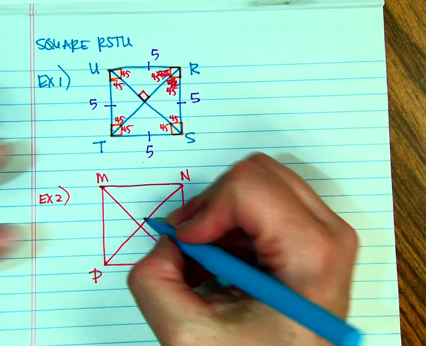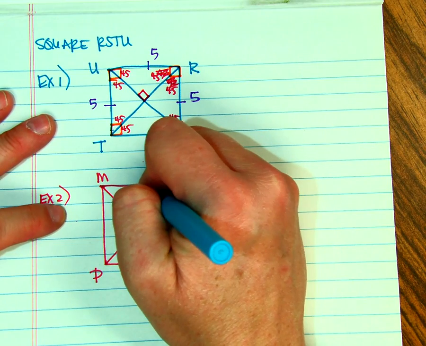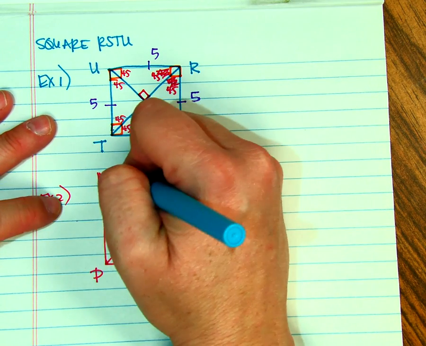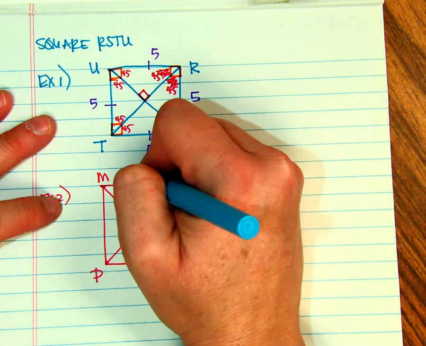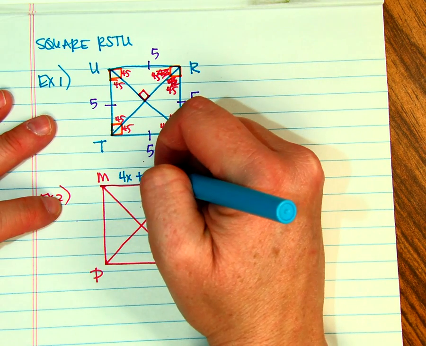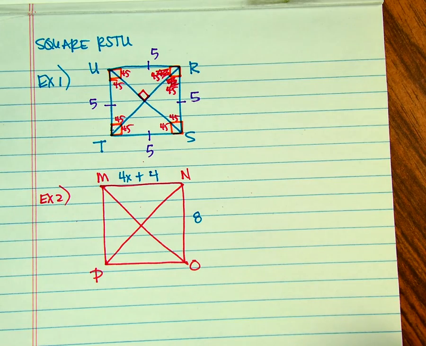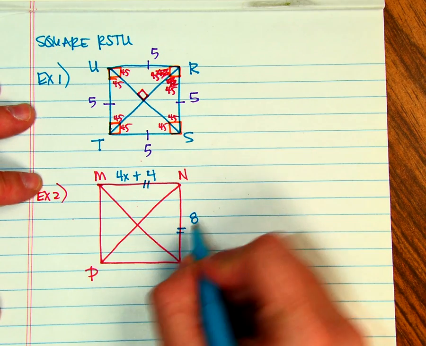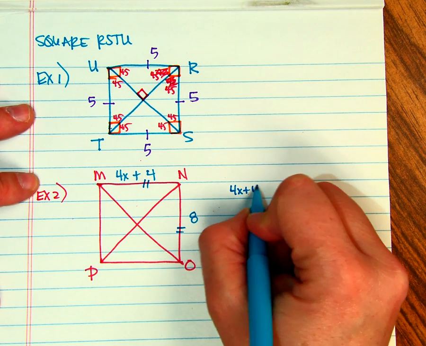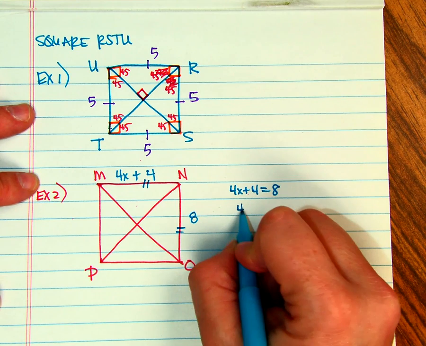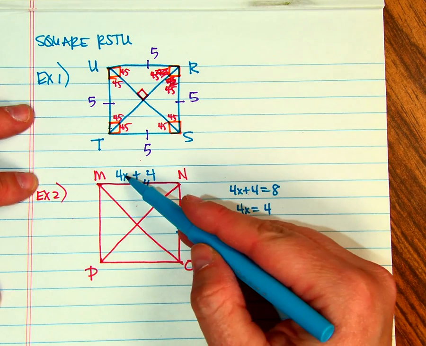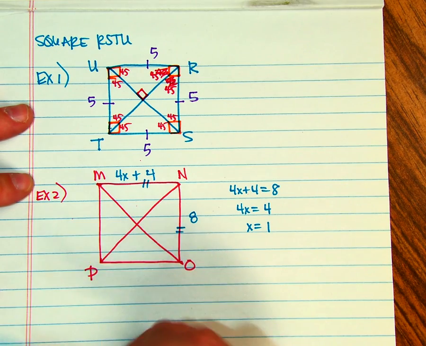And I'm telling you that this side is 8, and this side is 4x plus 4. Then what is x? Well, these are congruent because it's a square. So I know that 4x plus 4 should equal 8. 4x equals 4, so x equals 1. So if x is 1, that means that this is going to be 8.